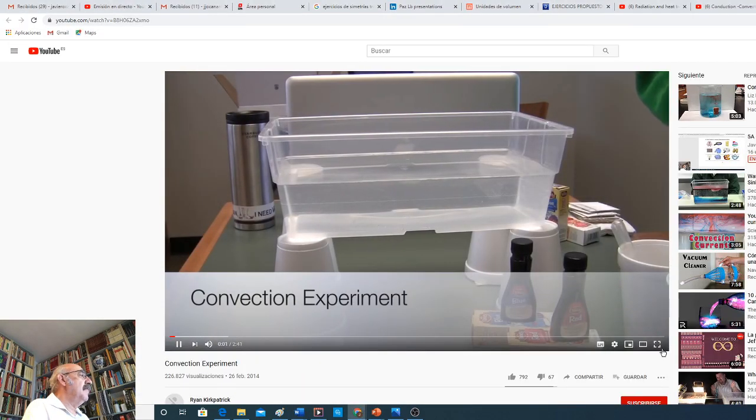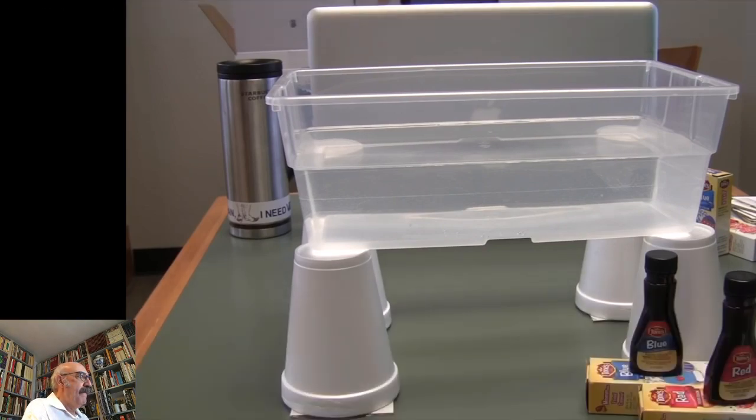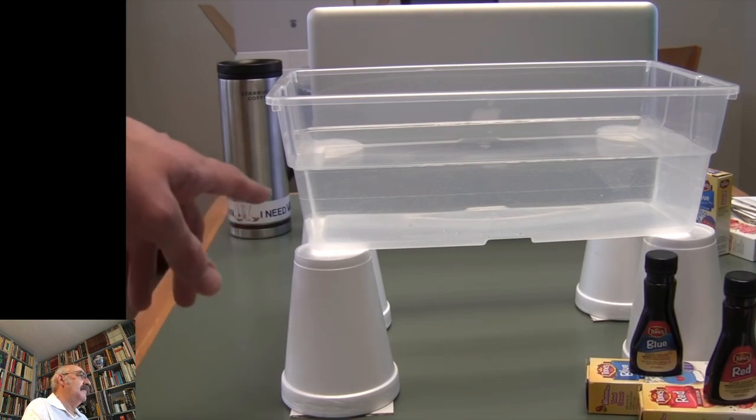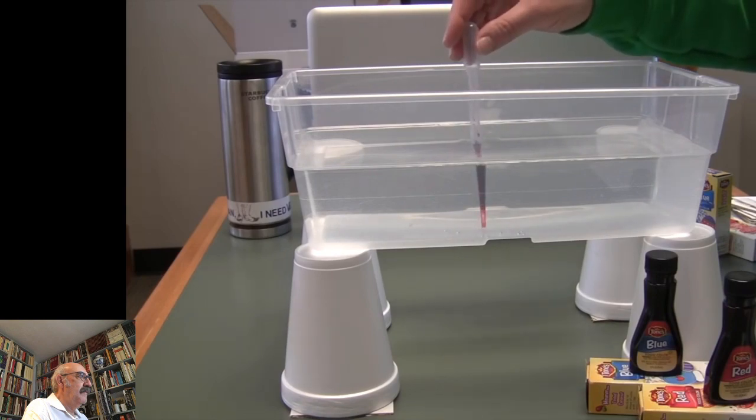Alright, so here we have a way to demonstrate convection, which you normally wouldn't be able to see. But in this case, we have this container, which is half filled with cool water. It would be wonderful if it was ice cold. That might even work better. But this represents part of the atmosphere or the air. And then we're going to put 3 drops of food coloring. One in the middle, which will be red, because that's going to represent warm air, which we'll show you in a minute.